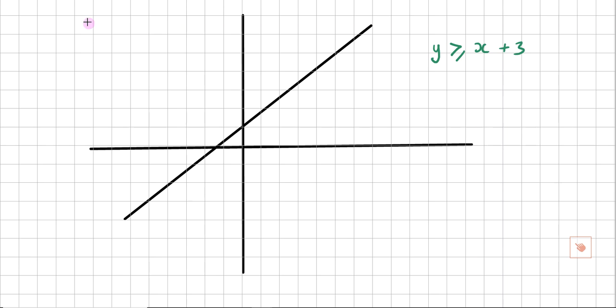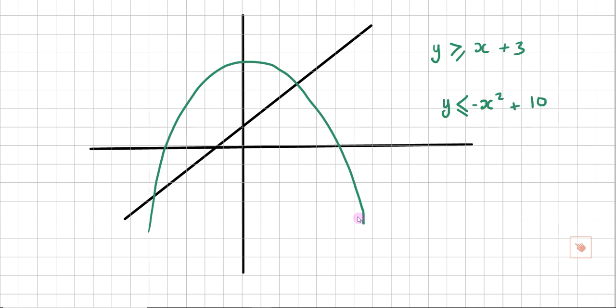And let's say y should be less than or equal to negative x squared plus 10, that would be something like this. So then the region would actually be this bit in the middle. That would be your R. So yes, you could do that.